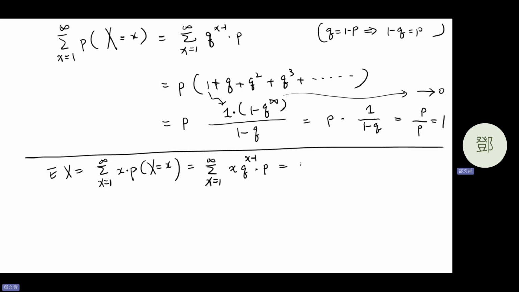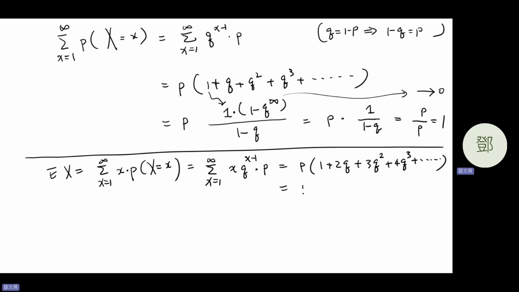So it is p times (1 plus 2q plus 3q squared plus 4q cubed, all the way to infinity).